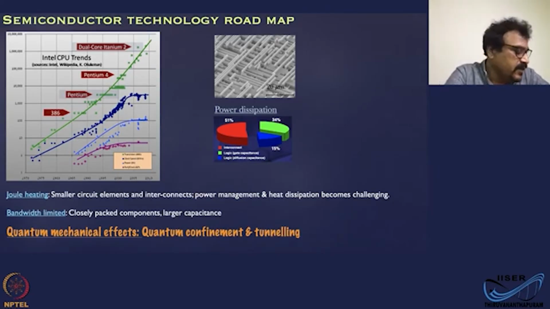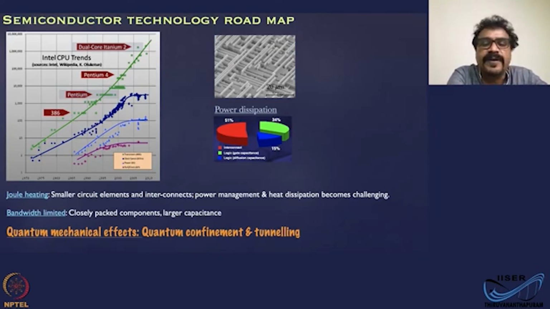Now the issue here is the joule heating. You get a lot more power consumption because the heating takes up a lot of your power, which you can see in this picture. This is a typical packaging, typical density of the components inside. You can see a lot of connecting lines, a lot of buses.